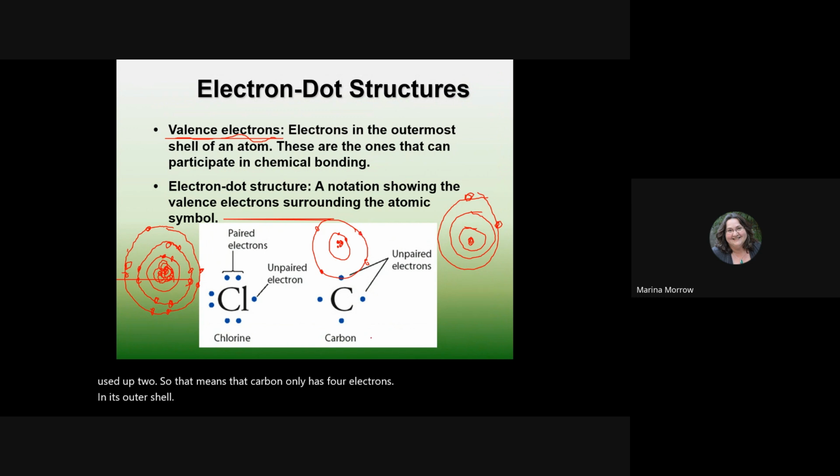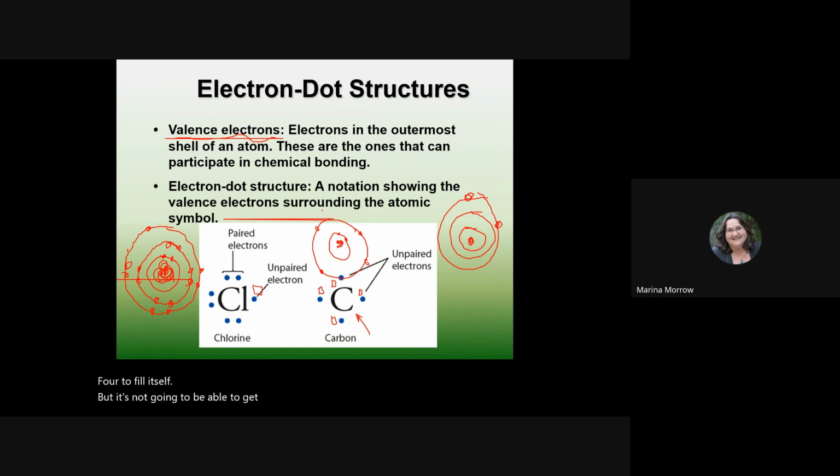Okay, and that's what this drawing is showing. 4 electrons. Just like this one is showing 7. Needs 1 more here for the chlorine. For the carbon, it needs 4 to fill its shell. But it's not going to be able to get 4.